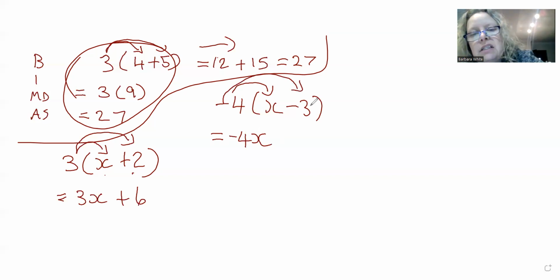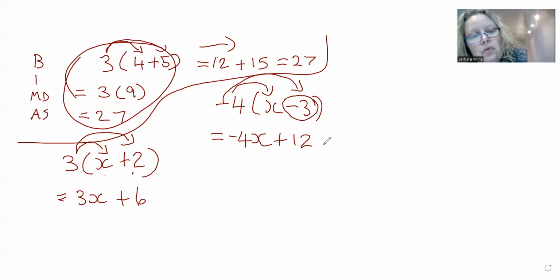Now, don't ask me, is this take away 3? This is one of your terms. It's take away 3, it's negative 3, it's the same thing. Negative 4 times negative 3 is positive 12. So whatever's outside the bracket, you multiply by both of the things that are in the bracket.